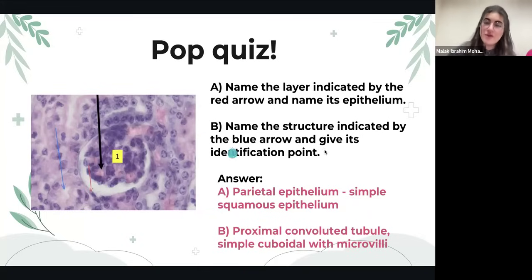So you are right. How would the distal convoluted tubules look? Yes, dark bluish, more nuclei. Good job.